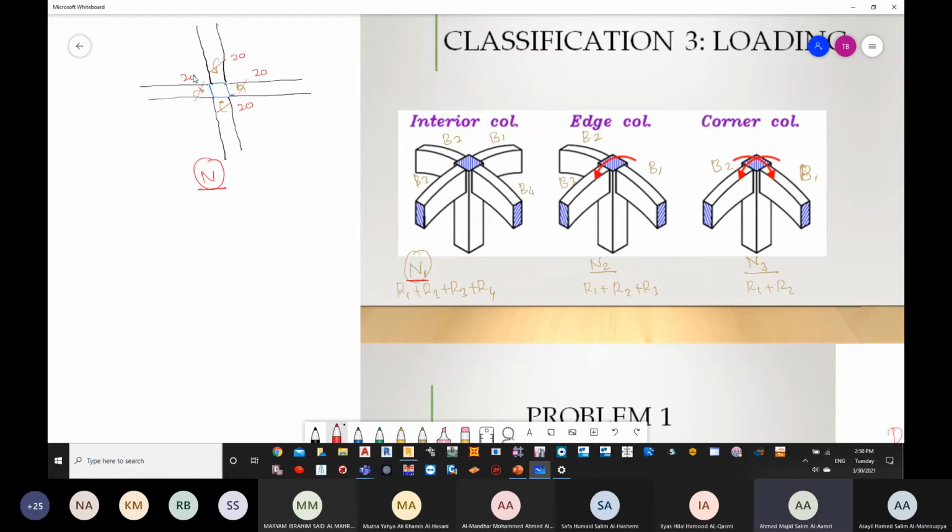Now going for case number 2, or the edge scenario. Now for the edge scenario, what is the scenario? We have one column which is connected to 3 beams.